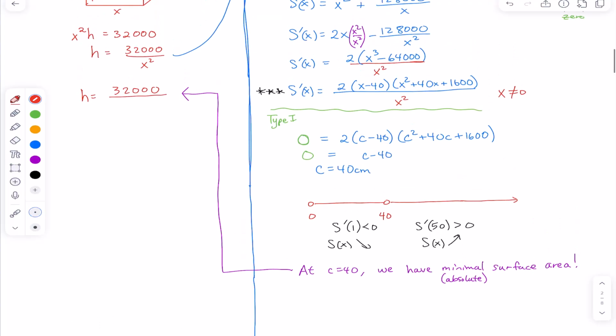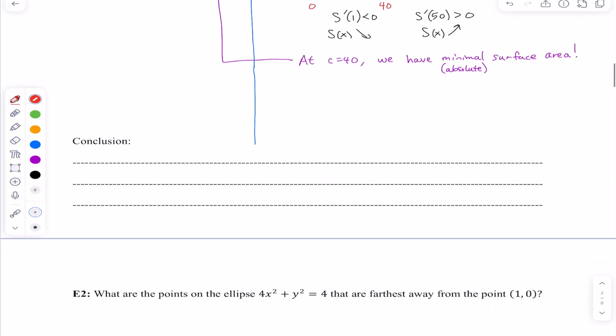So the difficulty of solving puzzles like this is trying to stay organized. Do your best in staying organized, and then you're going to realize h here is going to be 20 centimeters, and we're ready to answer the question.